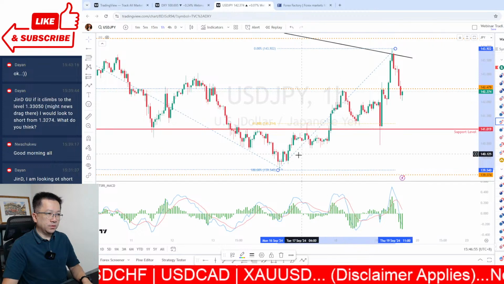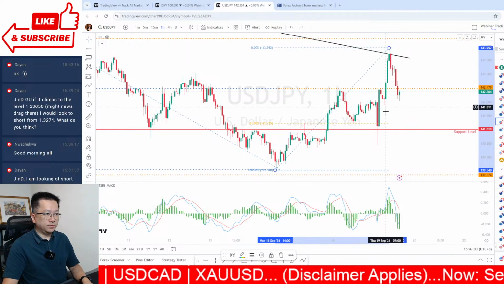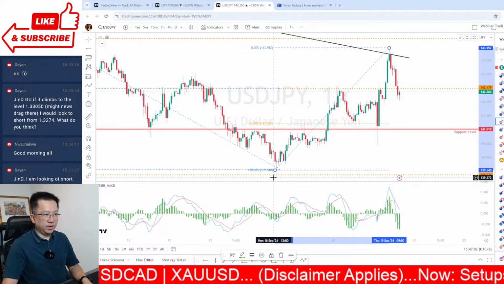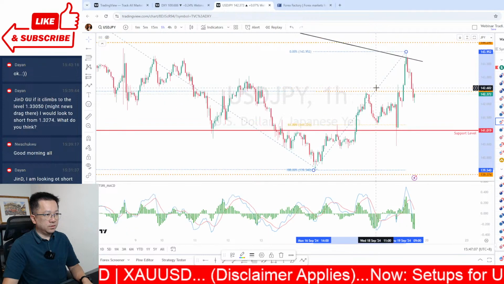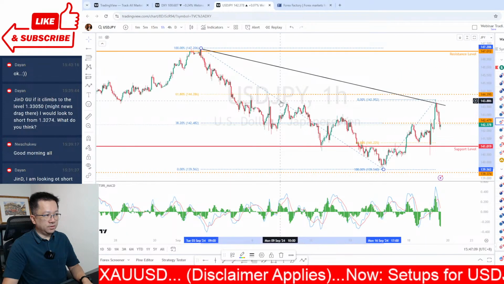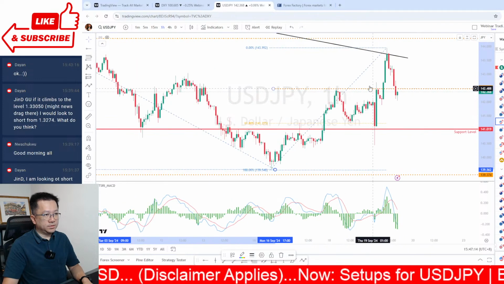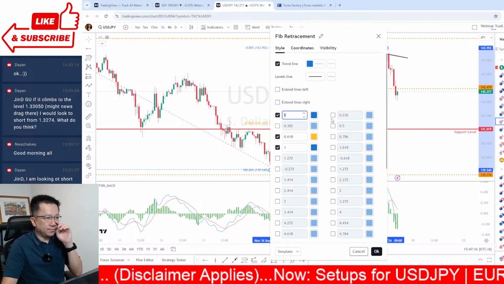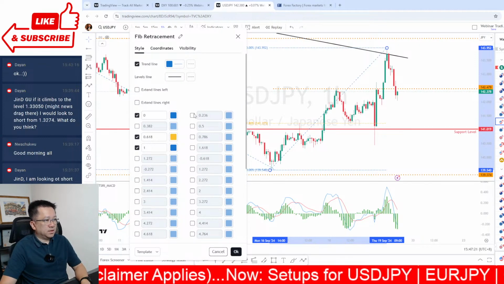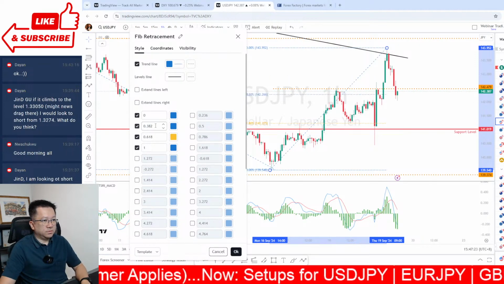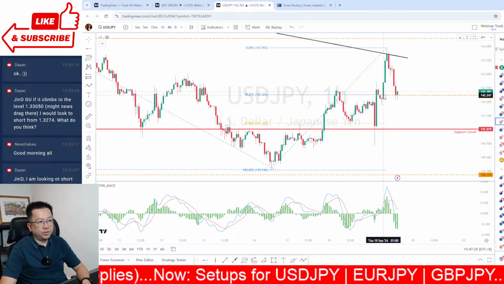So we have that move up. It's not that it's tested 61.8, because that's before that. So it's come back down. I don't need this 38 anymore. All right, so that's how it's making sense right now. It's bouncing from 38.2.